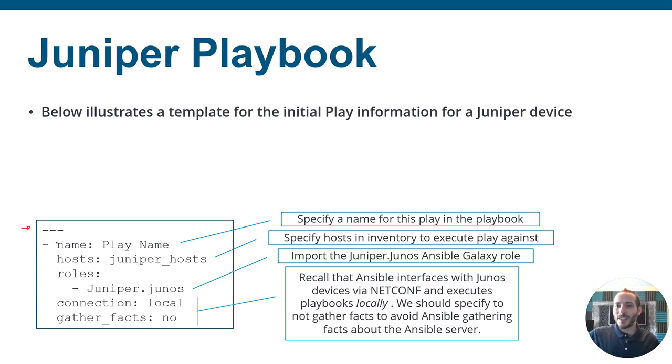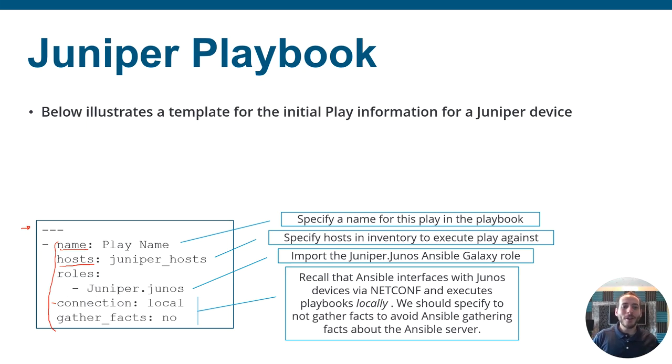Now, within our list item play here, we have the name of our play. We have a definition of what hosts this play will execute against. And then we have our list of roles that should be imported with this play. You can have one or more roles imported within a play. And then we have our connection being local.